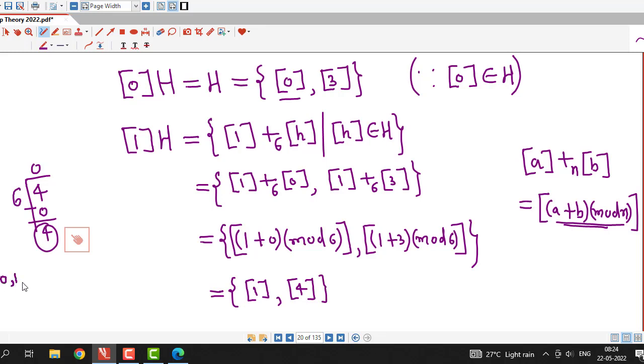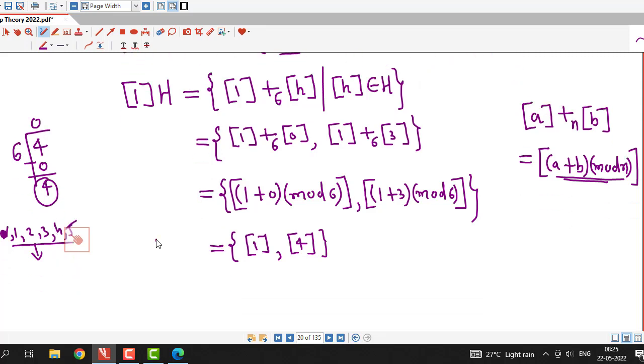So for 1, 2, 3, 4 and 5, modulo 6 will be equal to these elements themselves, that is 3 modulo 6 is 3, 4 modulo 6 is 4, 5 modulo 6 is 5, and so on.